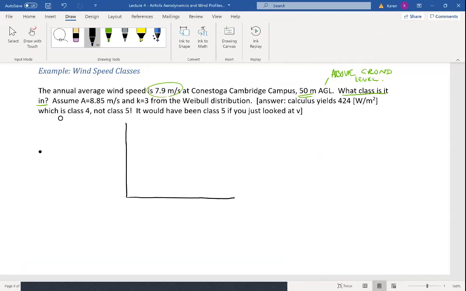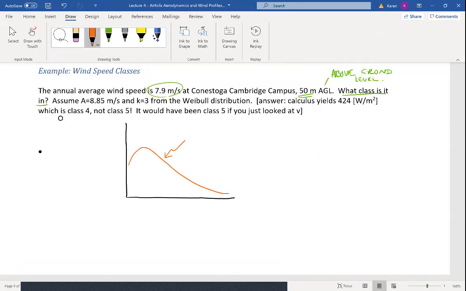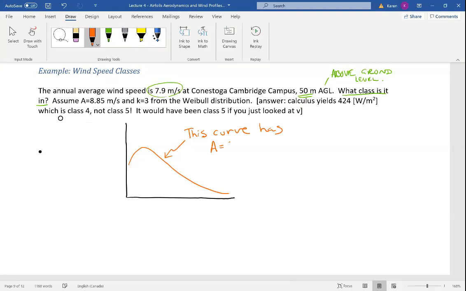We got this distribution that looks like a Rayleigh or a Weibull distribution, and then we crunched the data and said this curve has an A value, or size factor, of 8.85 meters per second, and it has a shape factor K of 3 from the Weibull distribution.